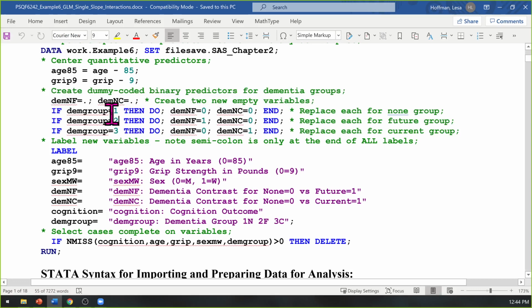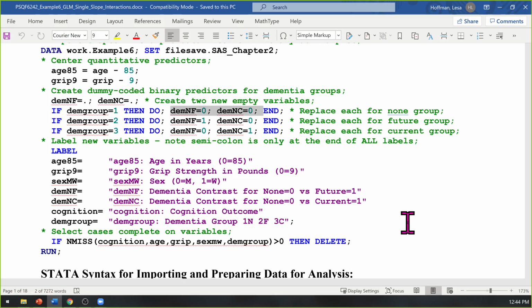So if it's the first group, which is the none group, as I have noted in the comments, then I am setting both of the new predictor variables to 0. So right there, what does that tell me? Is it that that's the reference?